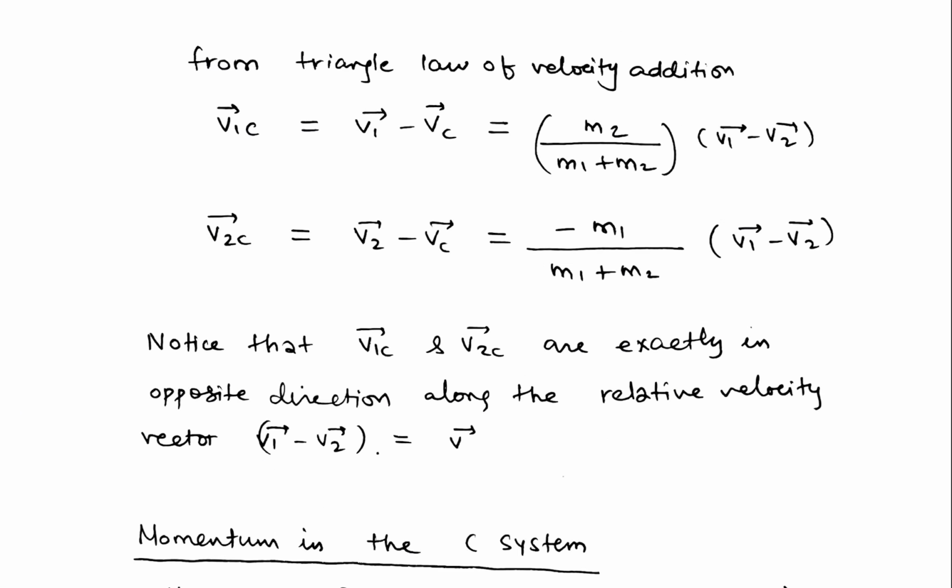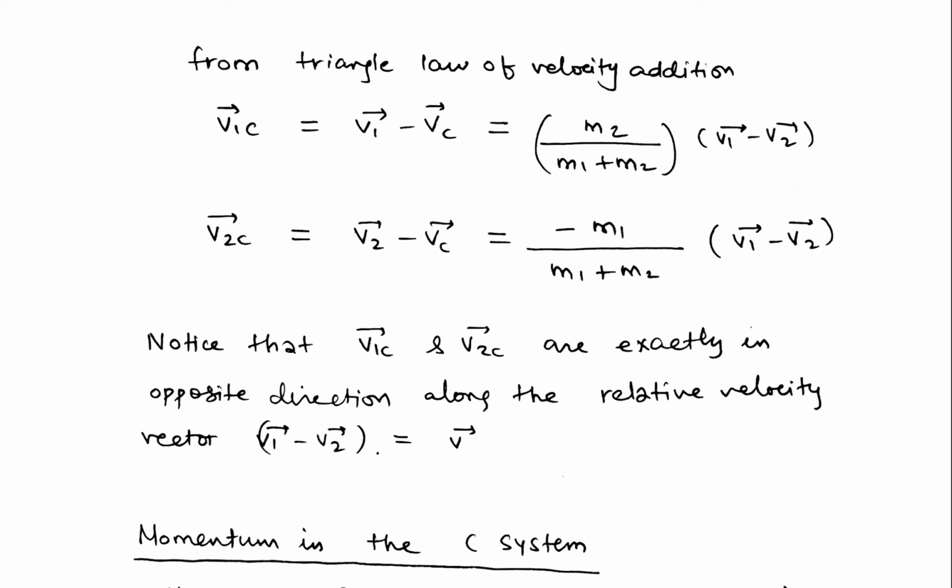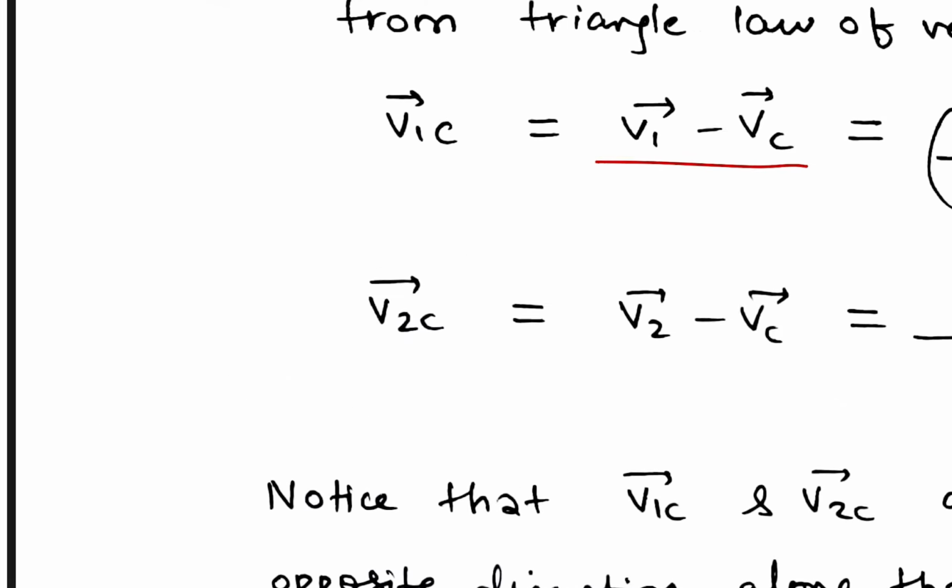So from triangle law of velocity addition, what we did, V1c is equal to V1 minus Vc, and when you do the mathematics, you will find this value. Let us do it for the first particle only. So we need to find V1 minus Vc.